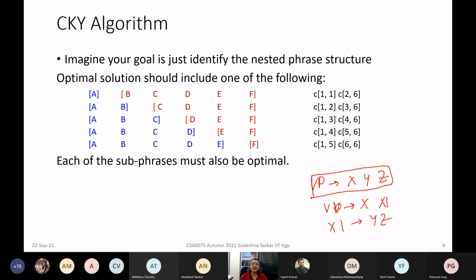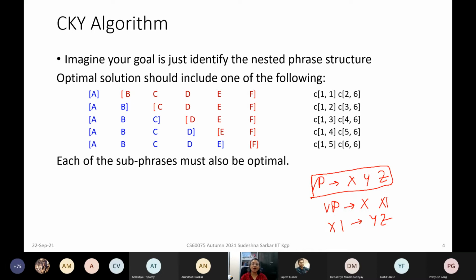Okay? So this set of two rules will be equivalent to saying that VP goes to XYZ. Right? So we can rewrite the grammar so that there are two symbols on the right-hand side, so that our grammar becomes uniform.